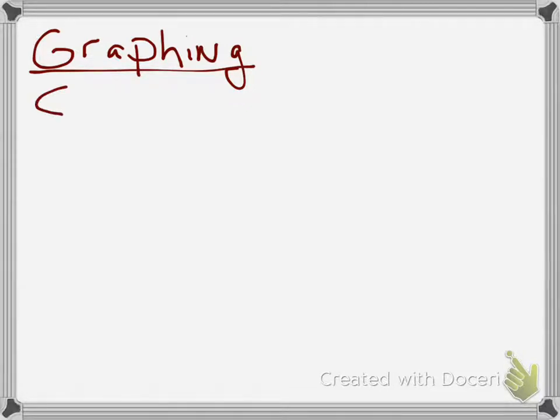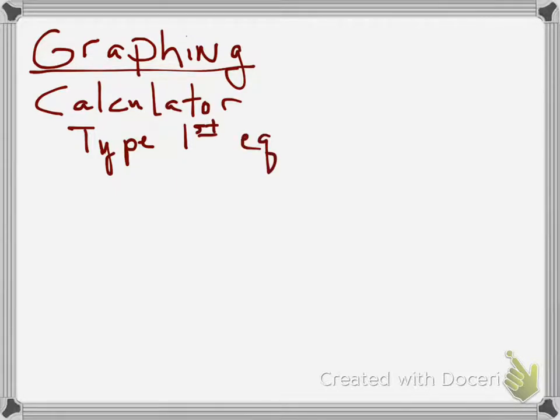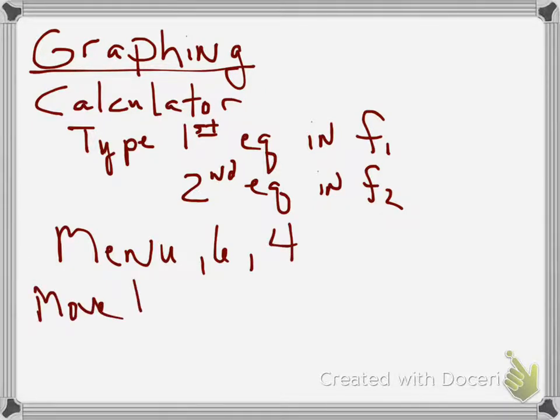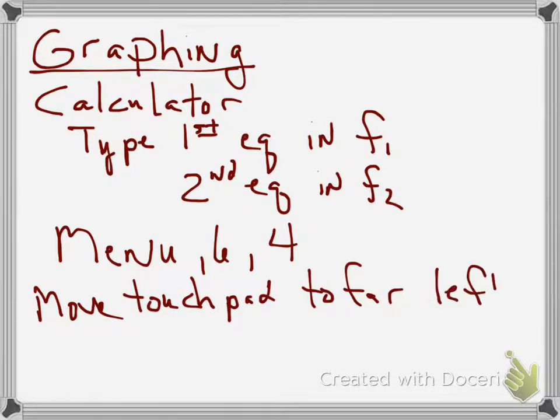Basically, if you're using the calculator, you need to type one equation, the first equation, in F1 and then the second one in F2, then you press menu 6 4, move the touchpad to the far left and click it, and then move it again to the far right and click it, and your intersection should be there.